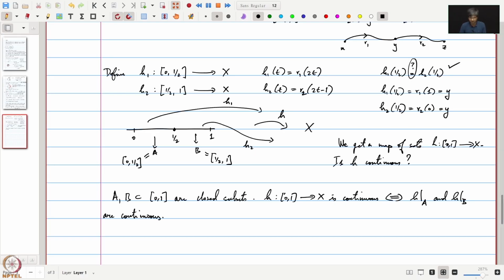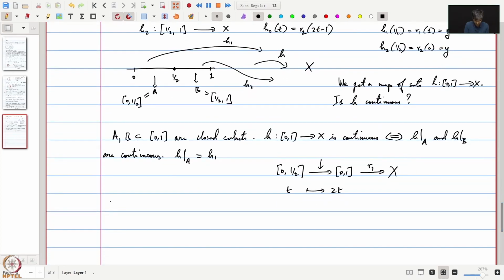A and B have the subspace topology, and H restricted to A is exactly h1. And what is h1? It is the composite: first we go from [0, 1/2] to [0, 1], t goes to 2t, and then we apply gamma 1 to X. Gamma 1 is continuous and this map is continuous, so their composite is continuous.